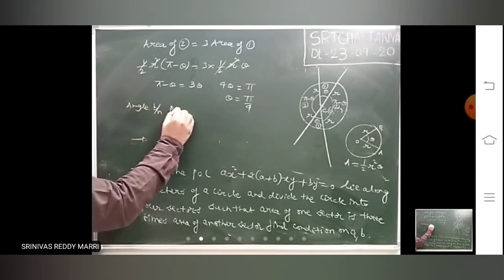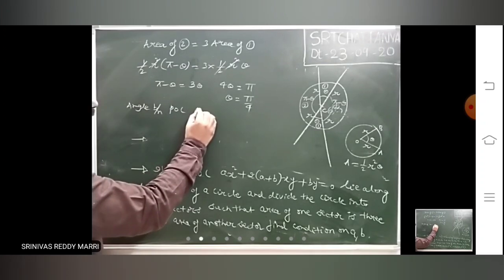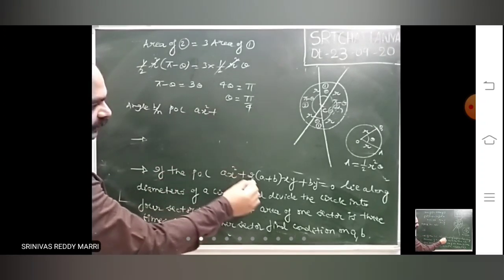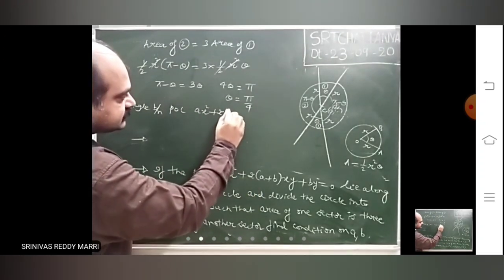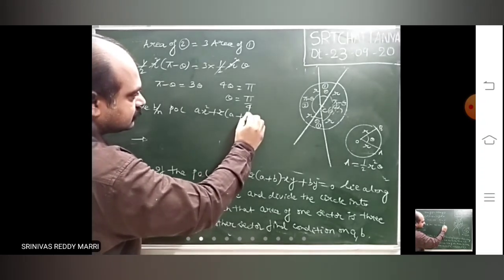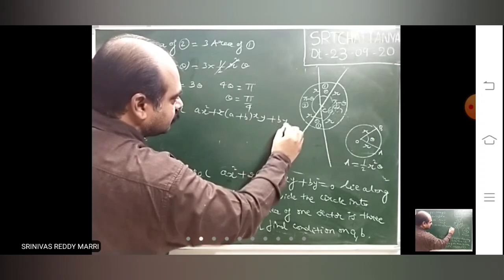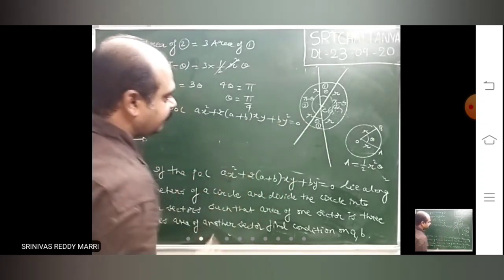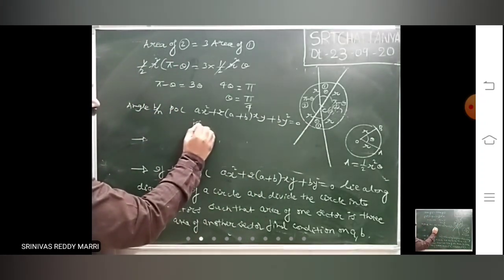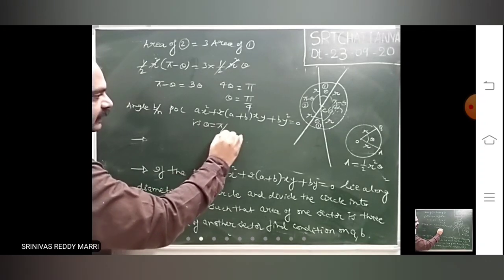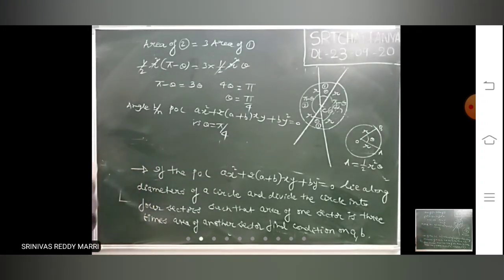So from the given information, you got angle between this given pair of lines, theta equal to pi by 4.